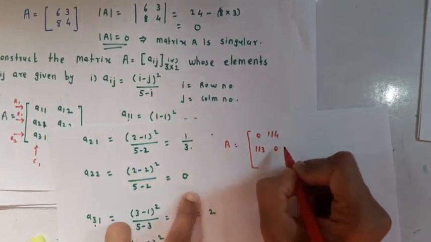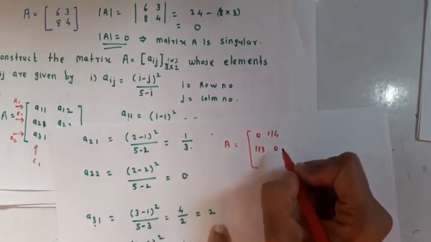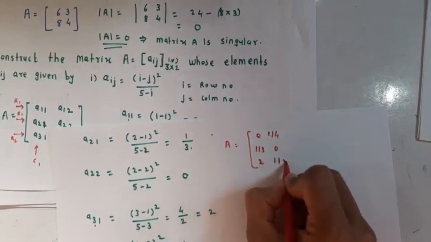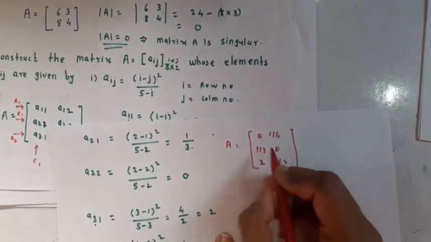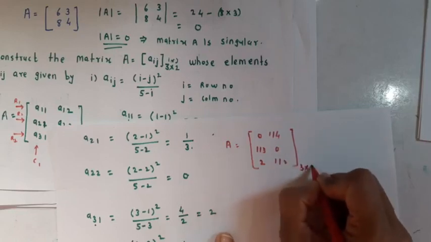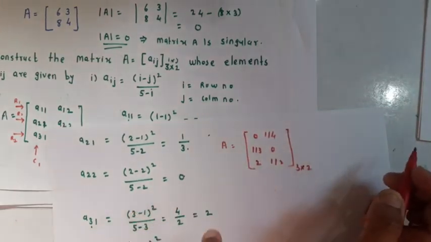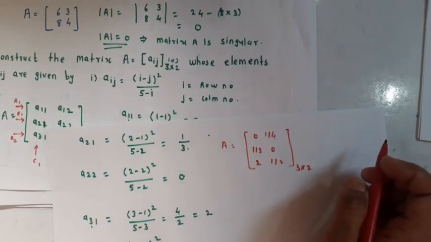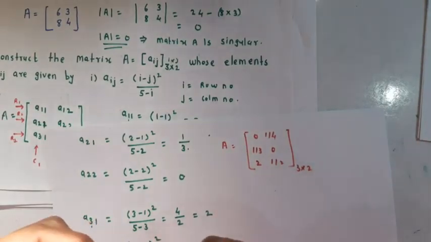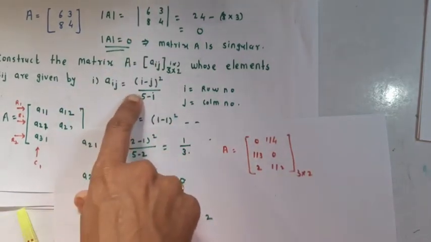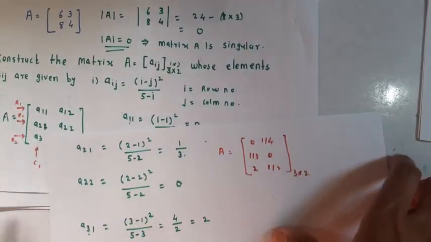A22 is 0. A31 is 2, and A32 is 1 by 2. This is the matrix of order 3 rows and 2 columns, that is 3 by 2, and this is the required matrix. Okay students, in this way we have formed the matrix by the given property.